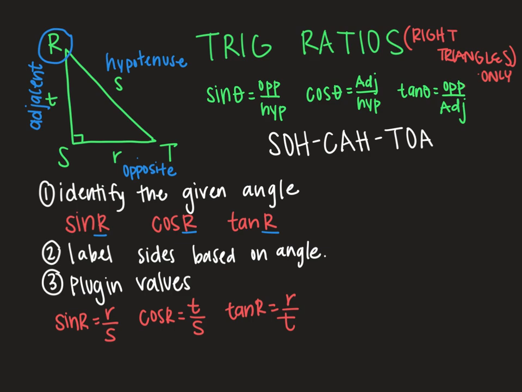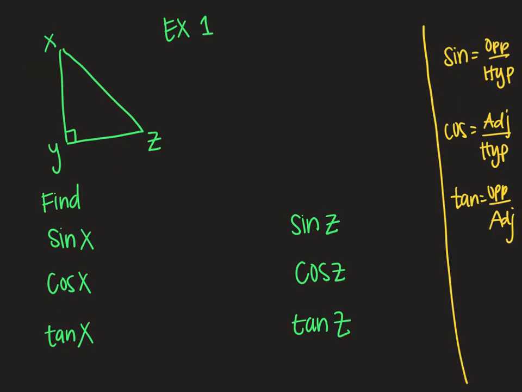We're going to do an example of these with actual numbers. For this example, we want to find these six trig functions. I'm going to start off with these first three because they all have the same reference angle x. Since x is my given angle, labeling my sides, that means 13 is my hypotenuse, 5 is my opposite side, and 12 is my adjacent side.